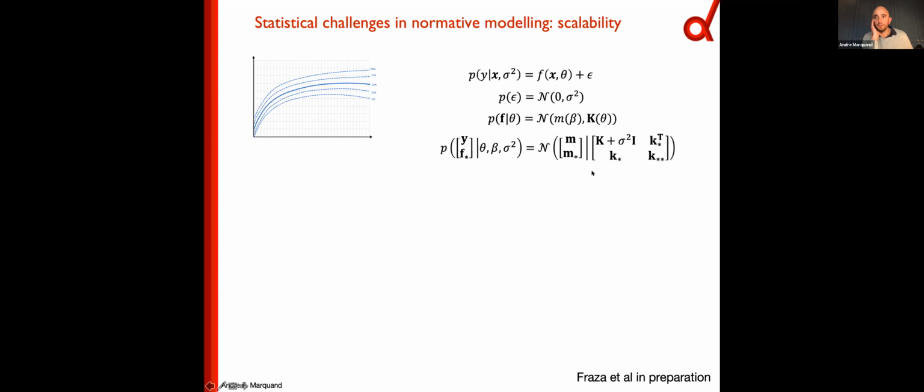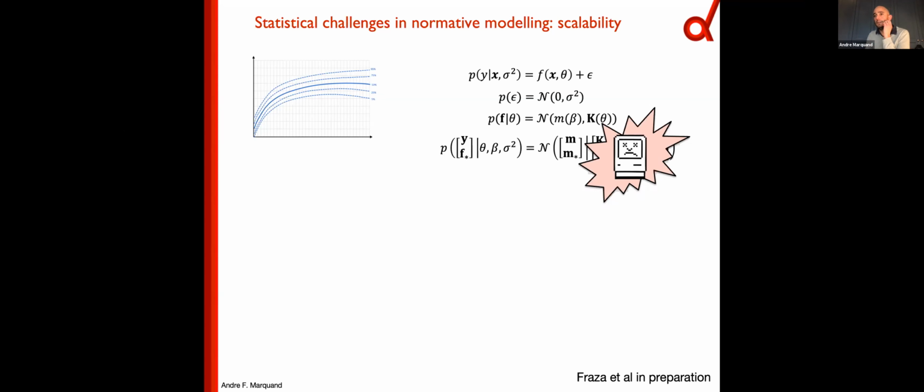If you know anything about Gaussian distributions, then you'll know that in order to make predictions in this context, it's necessary to make a conditional Gaussian distribution for which it's necessary to invert this matrix, which, as the sample size increases beyond a few thousand, becomes pretty problematic. It doesn't work both in terms of memory and in terms of time.